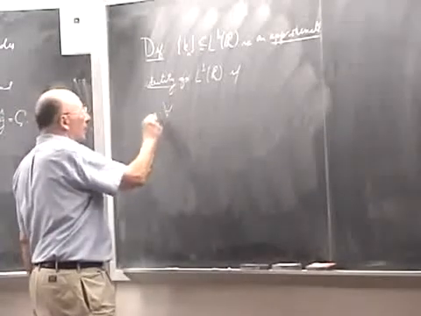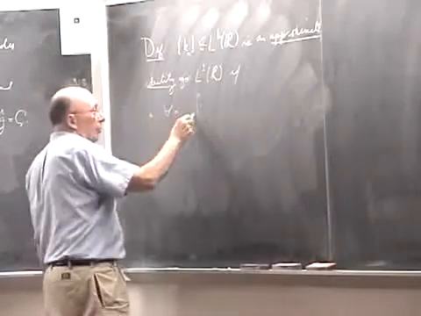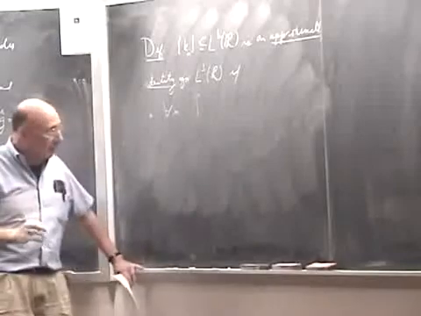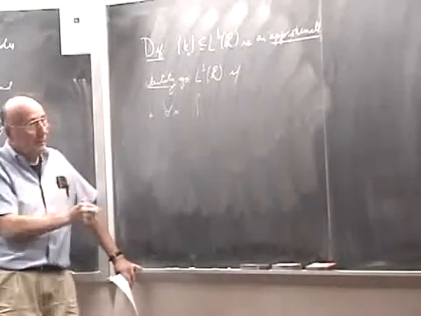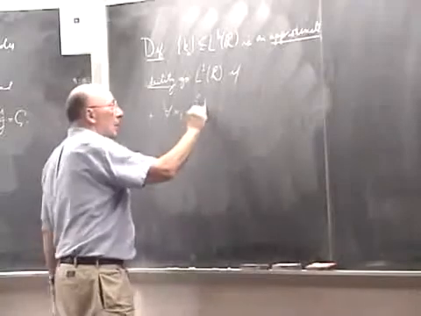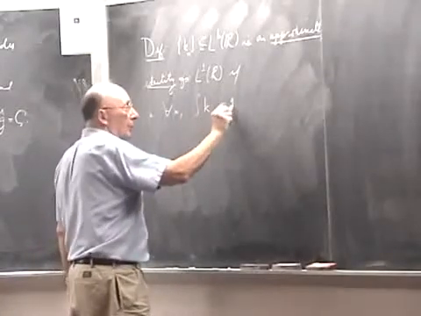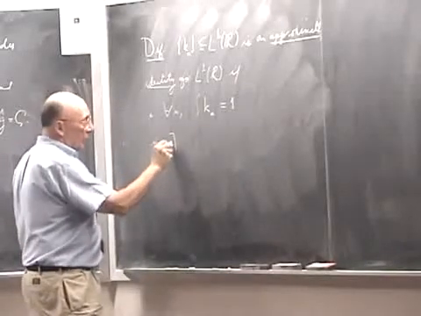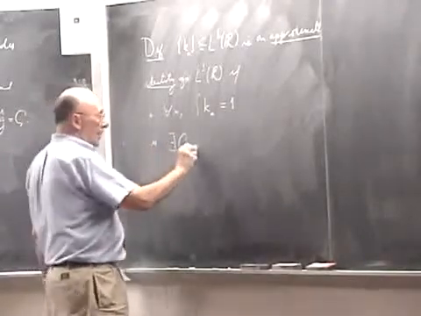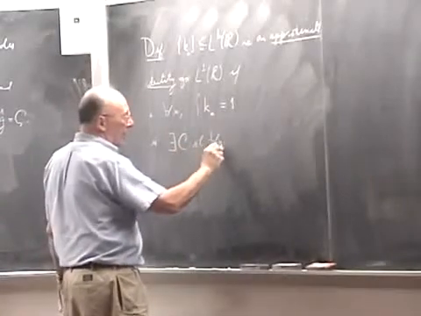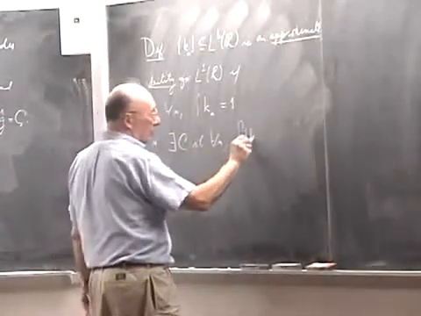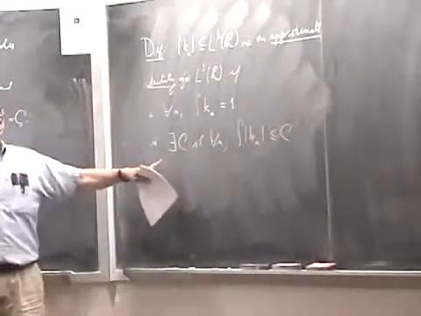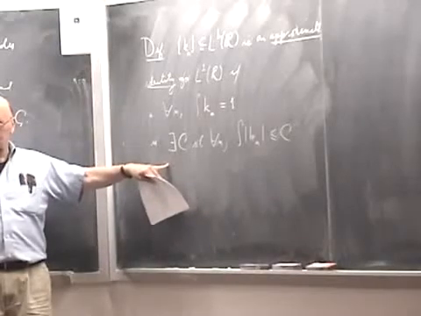For all n, the integral of k_n is equal to 1. Two, there exists some constant c such that for all n, the integral of the absolute value of k_n is less than or equal to c. By the way, I'm saying something you all know, but quantification is very essential here.